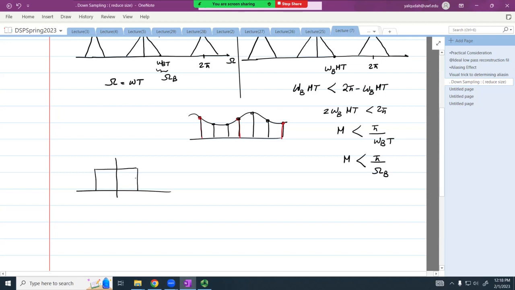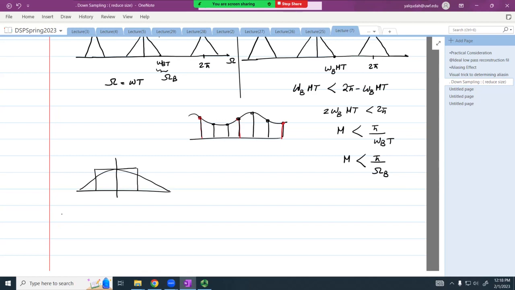This filter is very, very expensive. This filter is much, much cheaper. So if you're sampling at the Nyquist rate, you might have to use a very sharp filter like that. If you're sampling at a higher rate than Nyquist requires, your replicas are moving far apart, and I can use a cheap filter to recover the data.